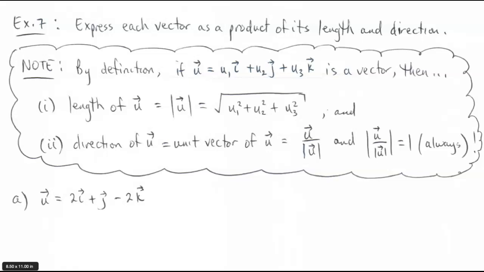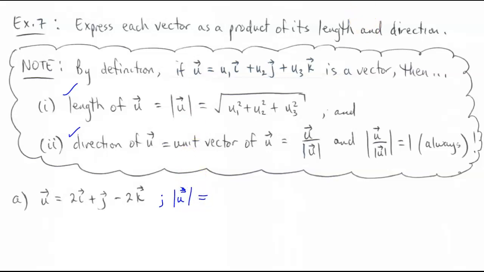That looks like a scalar value, which represents its length, times the actual unit vector. The length of our vector is just its magnitude, and the direction is the unit vector, which is the vector divided by its magnitude.